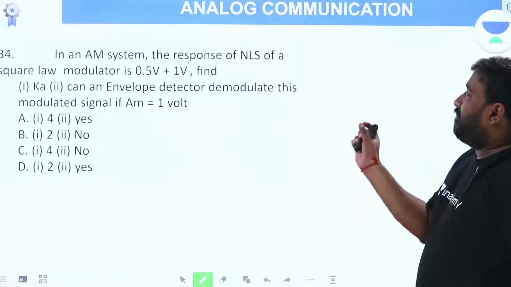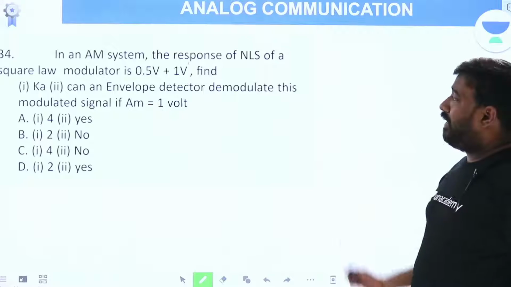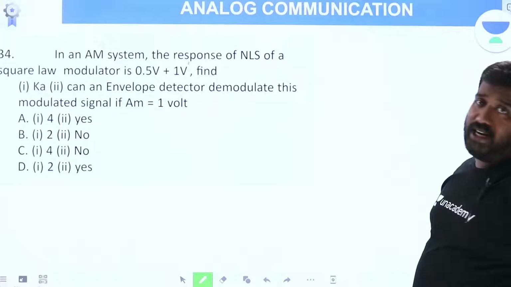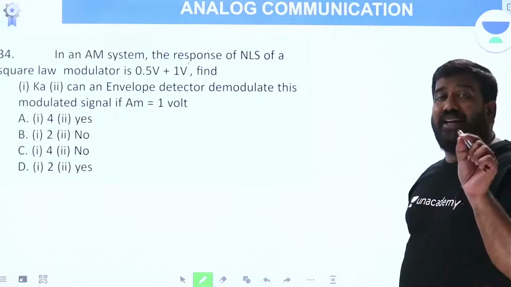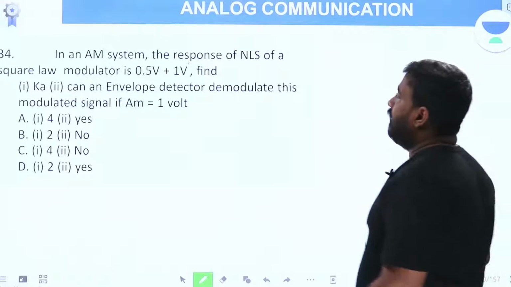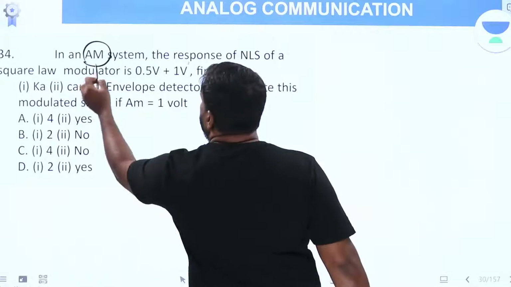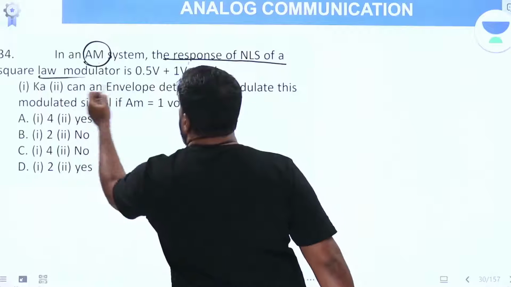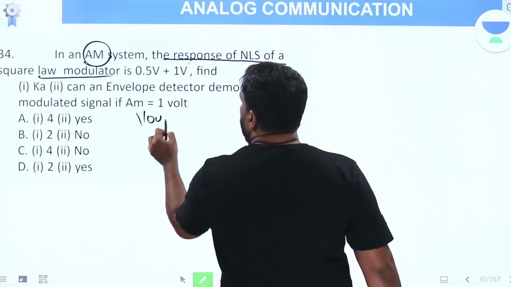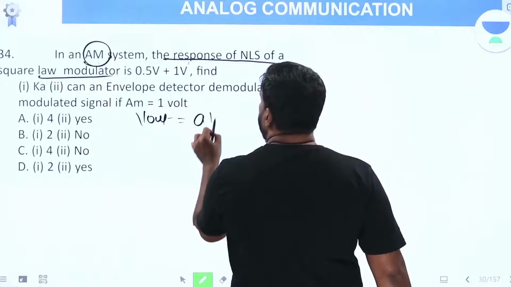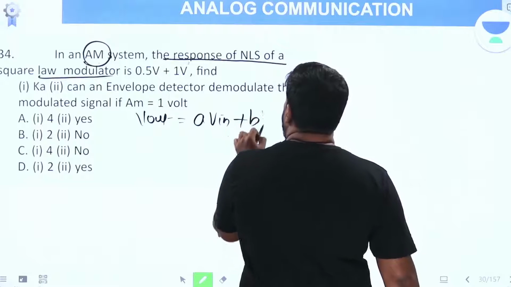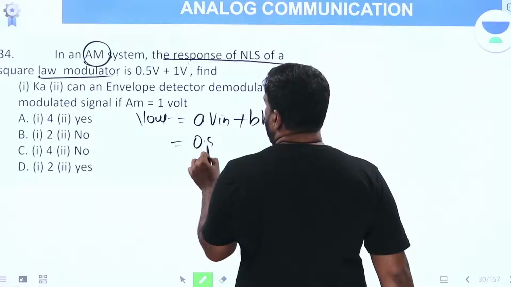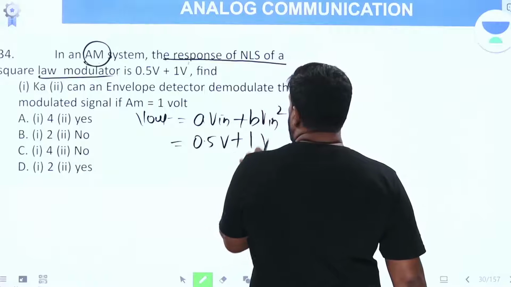In an AM system, let me read out the question for you. In an AM system, the response of a nonlinear system of a square law modulator, Vout is equal to A Vin plus B Vin square, is given as 0.5 V plus 1 V square.